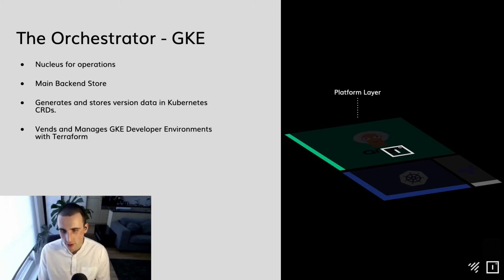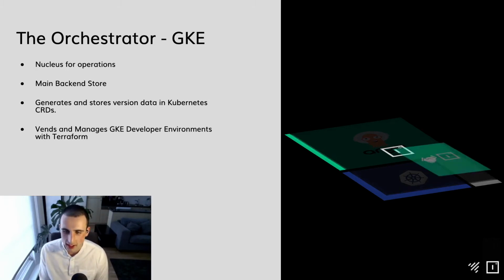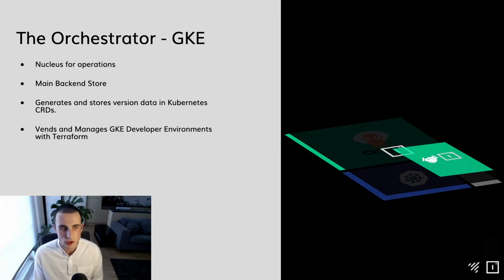The next thing that we were able to achieve with our orchestrator cluster, housed on GKE, was the ability to vend and manage GKE development environments. So the development environments that the Improbable developers will be testing their code against will be generated in GKE using Terraform. We also have namespace separation with RBAC for our customer projects.